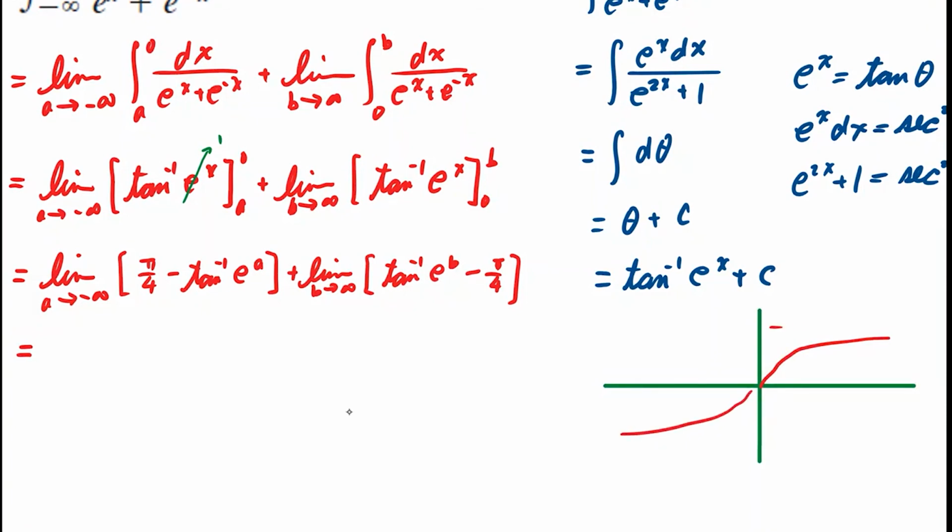Inverse tangent looks like that, doesn't it? And this is pi over 2, and this is negative pi over 2. You know what I'm saying? So this thingy becomes pi over 2. Wait, that thingy doesn't become pi over 2. I meant this thingy becomes pi over 2.